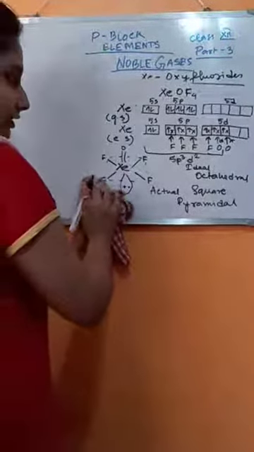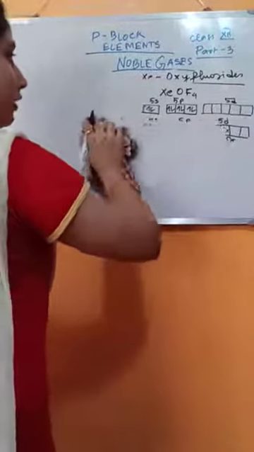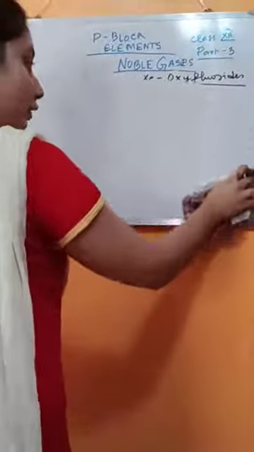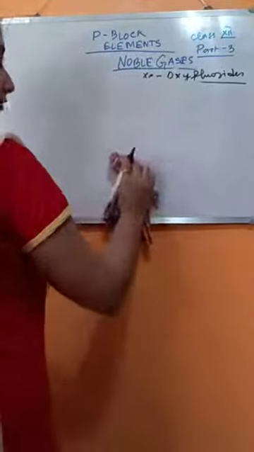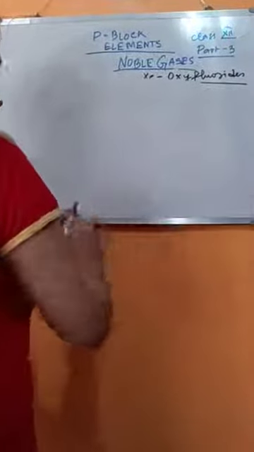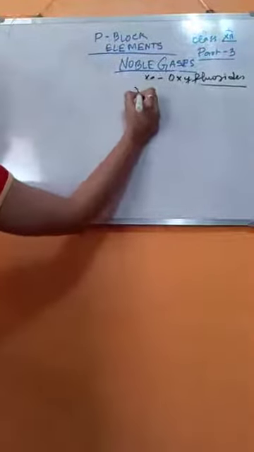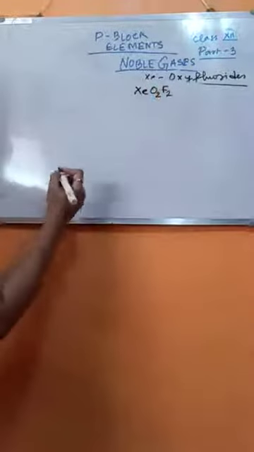For the next 3 structures which I will show you now, you don't have to show how the structure is formed. Only the structure, hybridization and geometry are important. One is XeO2F2.